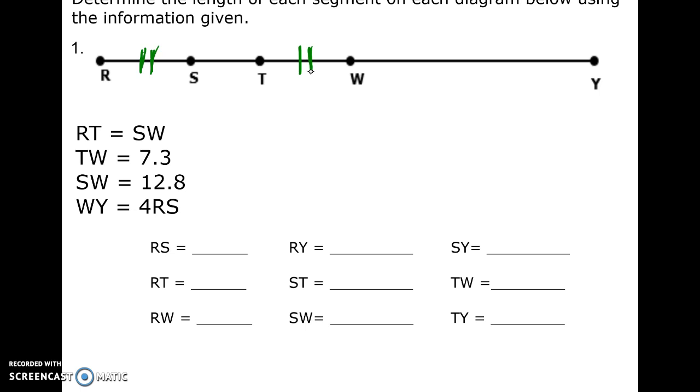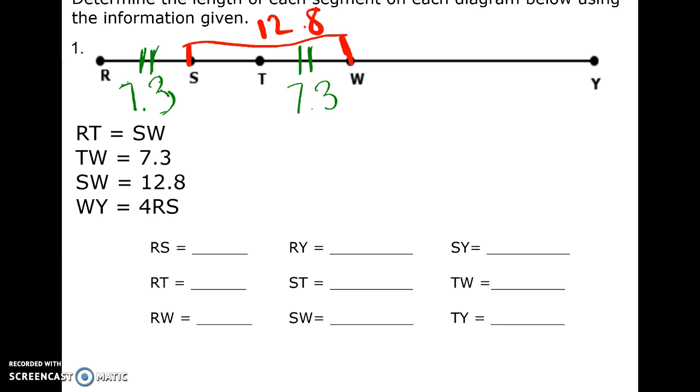As long as they have the same number of marks, that means they're equal. TW is 7.3, so that means RS is 7.3. SW is 12.8, so this whole part is 12.8.